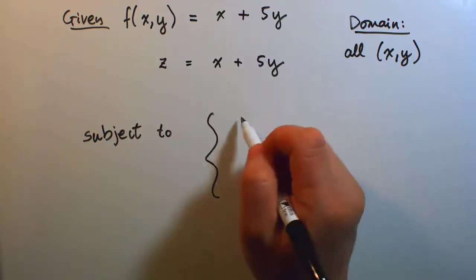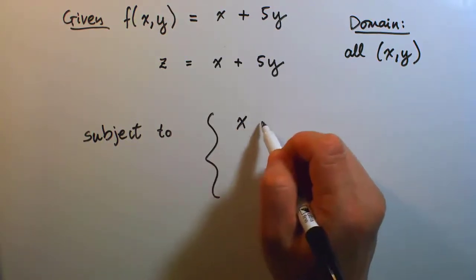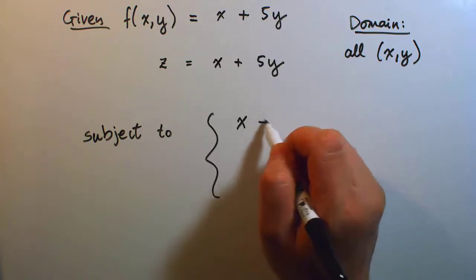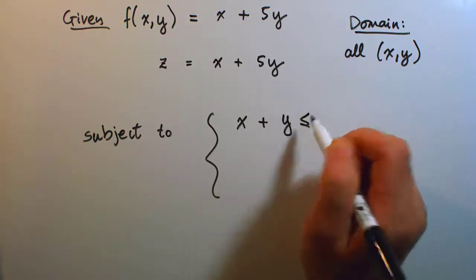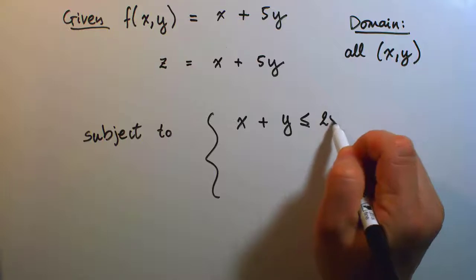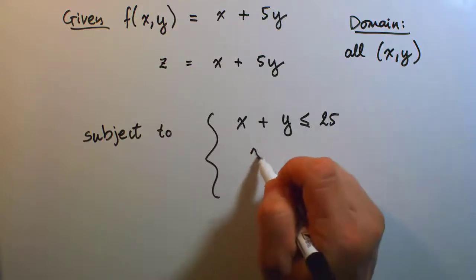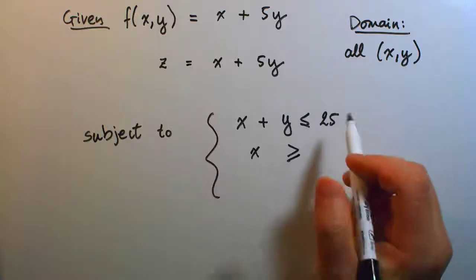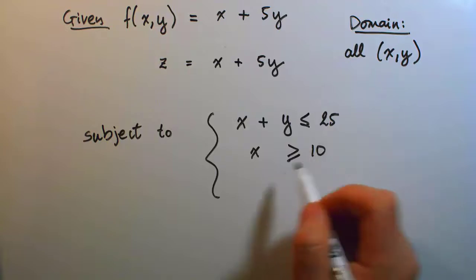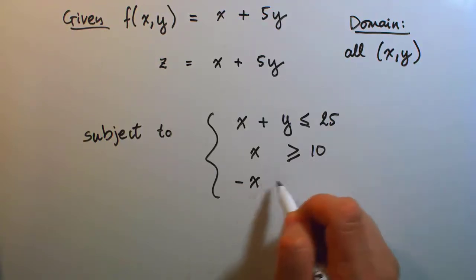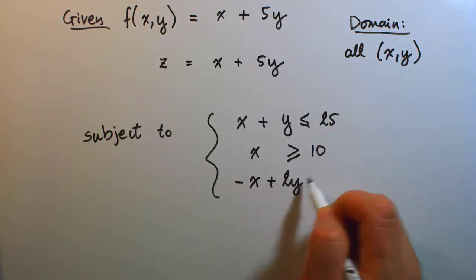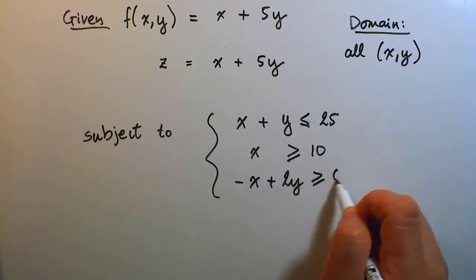So let's say in this video lecture I'm going to have x plus y less than or equal to 25, y greater than or equal to 10, and minus x plus 2y greater than or equal to 0.